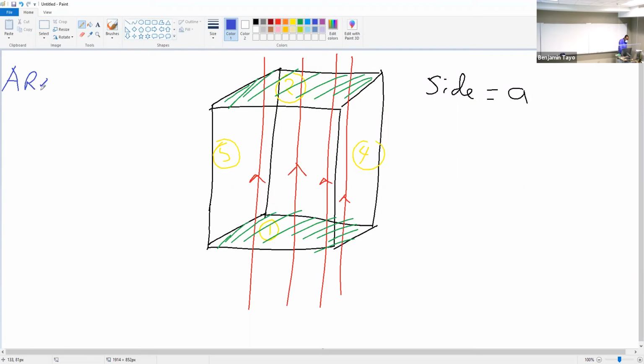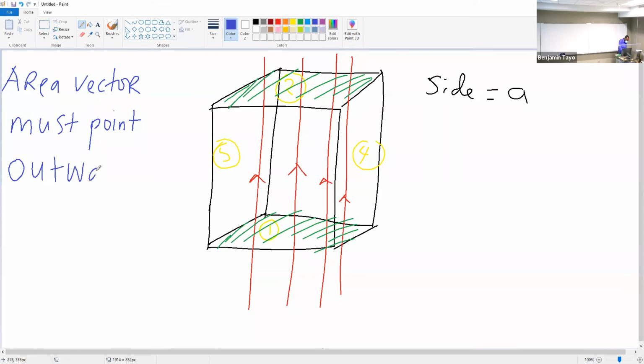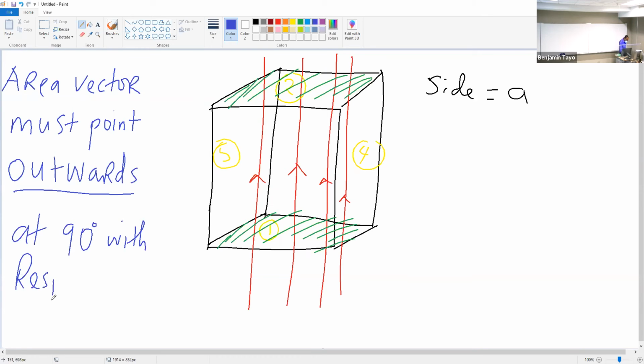So the area vector must, this is by definition, must point, this is the key point. This is important. The area vector must point outwards at 90 degrees with respect to the surface.